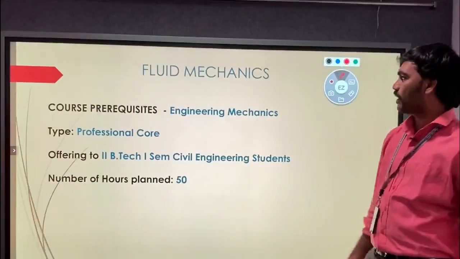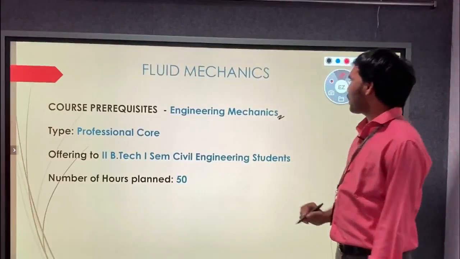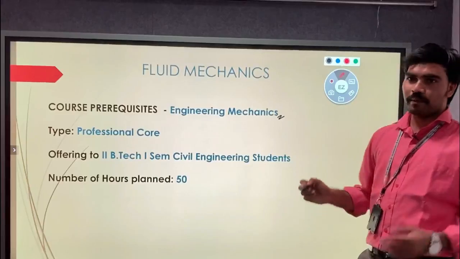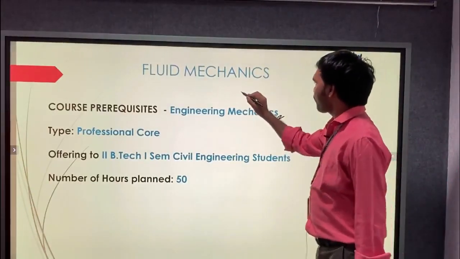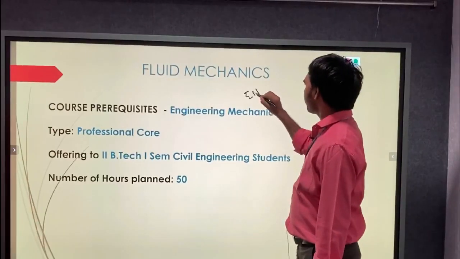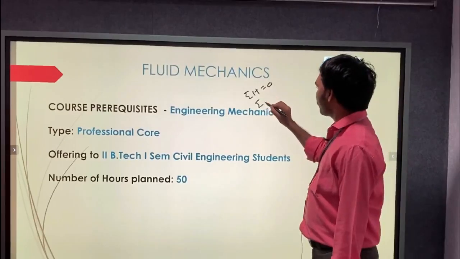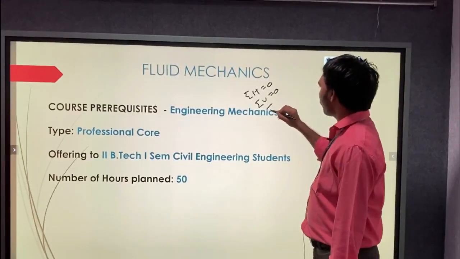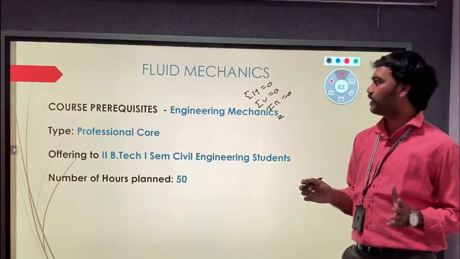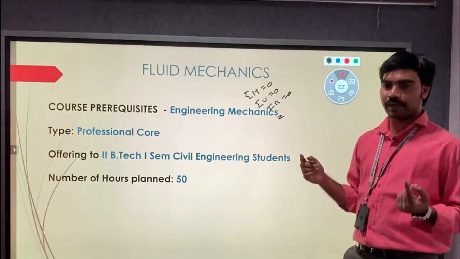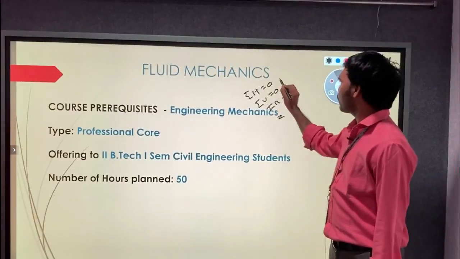When it comes to fluid mechanics, the prerequisite for this course is engineering mechanics. First we need to understand the equilibrium conditions of engineering mechanics, that is, sigma H equal to 0, the sum of the horizontal forces is 0, the sum of the vertical forces is 0, and when the body is in static equilibrium, the sum of the moments about a particular point is 0.